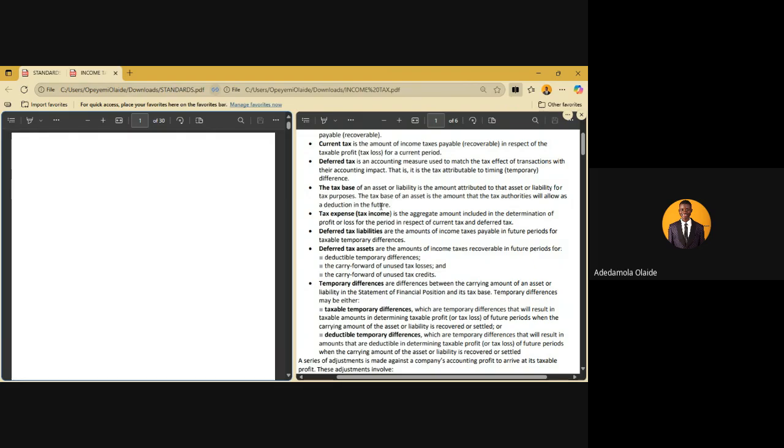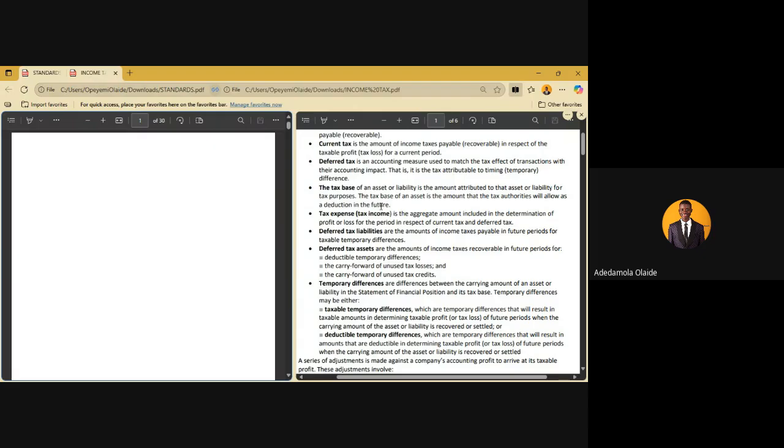And it is made up of three things. Either as a result of deductible temporary difference, which I will explain. Then it can also be as a result of carry forward of unused tax losses. So if you made a loss in a particular year, you carry forward the loss to subsequent years.